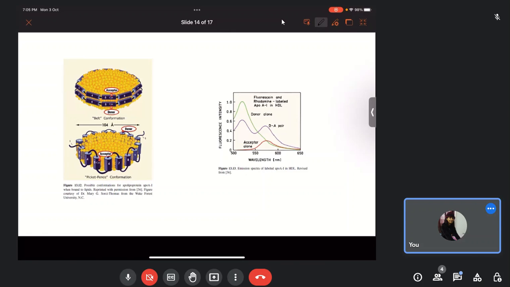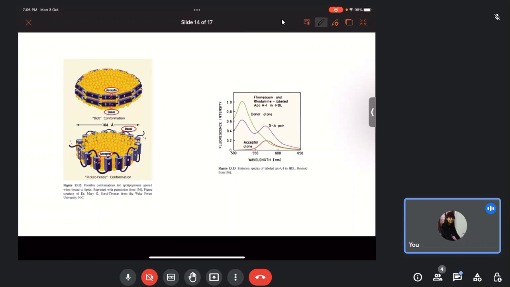They have an apolipoprotein, and it can adopt two different conformations: one where the two sites carrying the donor and the acceptor are close, and one where the donor and the acceptor are too far away.